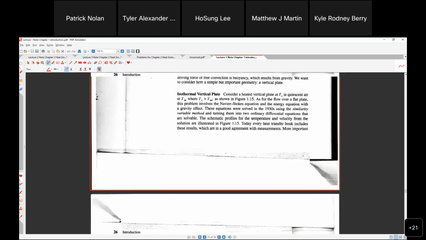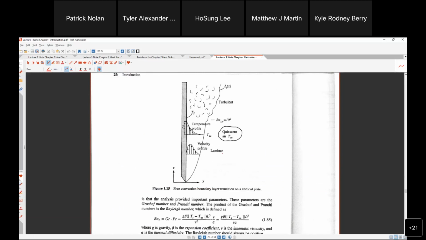Free convection. Yes. Free convection means quiescent air, but the plate is warm and the air is cold, or maybe the opposite.